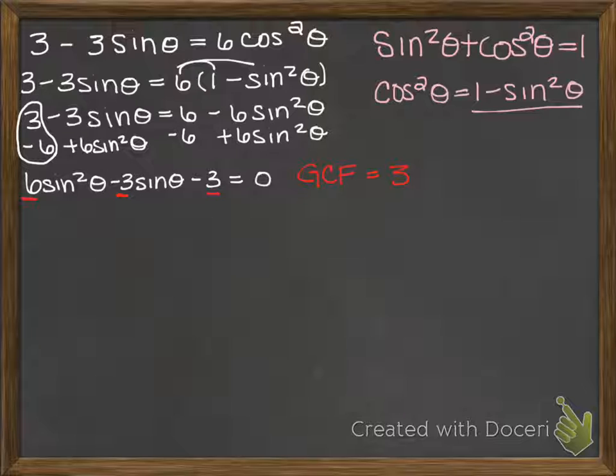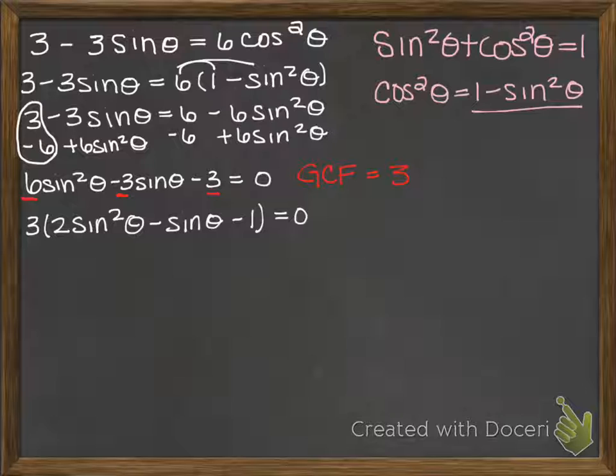So factoring out my GCF of 3, I have 3 times 2 sine squared theta minus just sine theta and minus just 1, close parentheses equals 0.